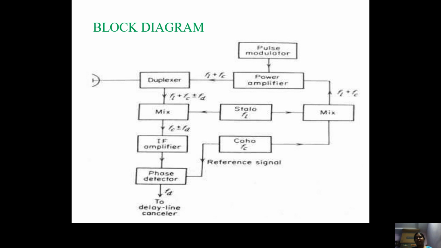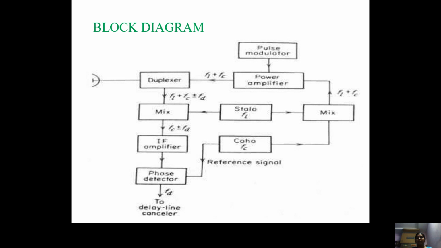The mixed signal, which contains the frequencies fL plus fC, is sent to the power amplifier. Whenever the pulse modulator turns on the power amplifier, the signal can be transmitted. Whenever the pulse modulator turns off the power amplifier, the signal will not be transmitted.